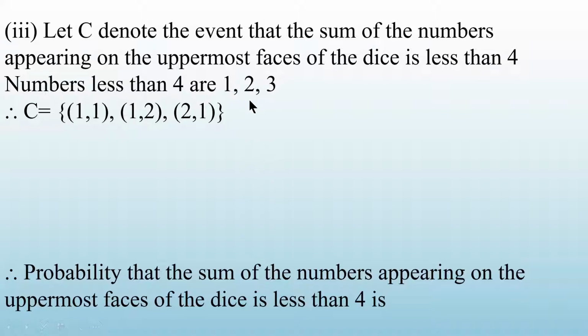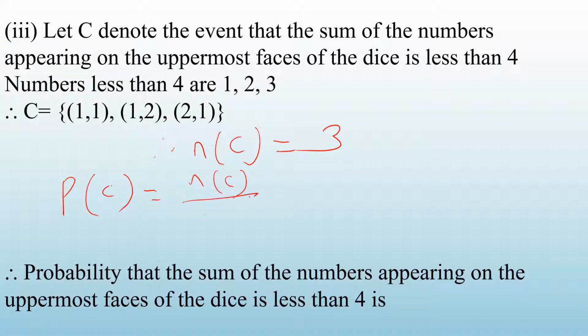So what do we have to check? Sum should be 2 or 3. So what will come in C? (1,1), (1,2) and (2,1). Only these three. So the number of points in C is 3. Okay. So what is the probability of C? It is the number of points in C divided by the number of points in S. So 3 divided by 36.